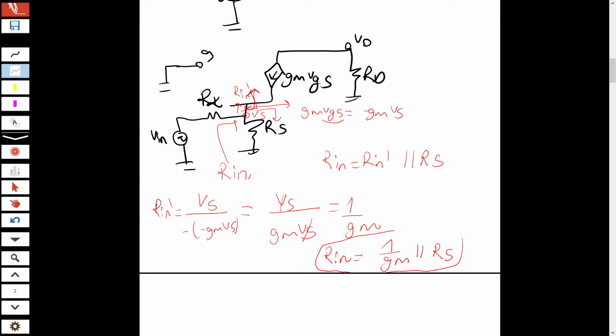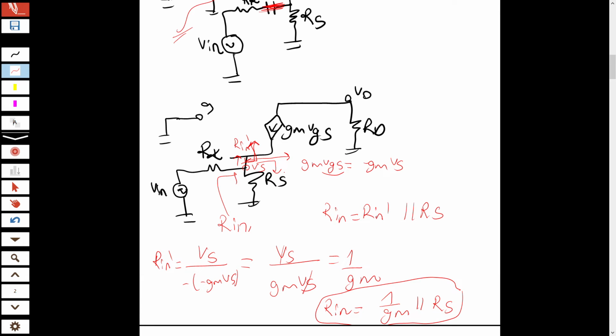This is important, so I will repeat it. Look at the AC equivalent of this circuit. There is our source here and gm VGS here, and I want to find R input prime, the resistance seen at the input of the source side.